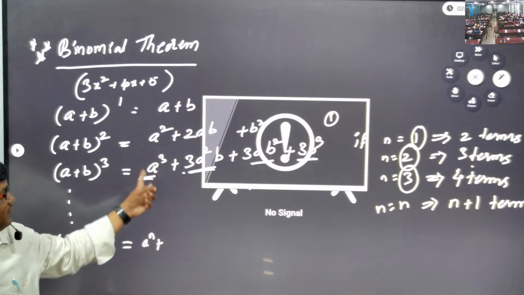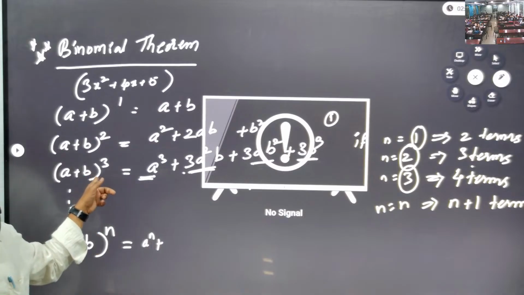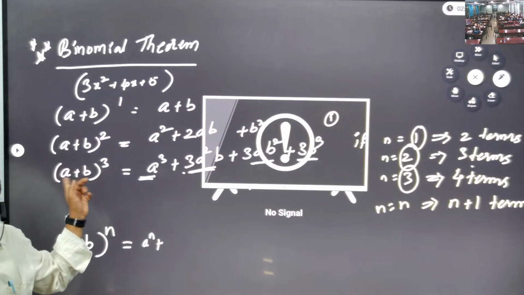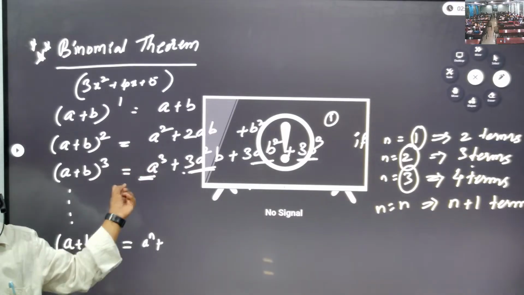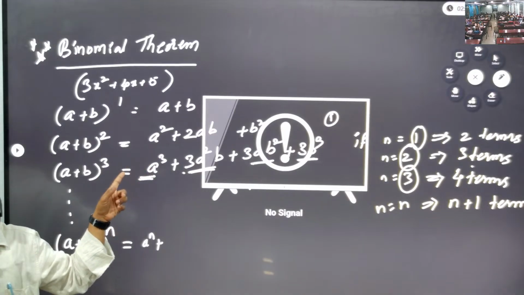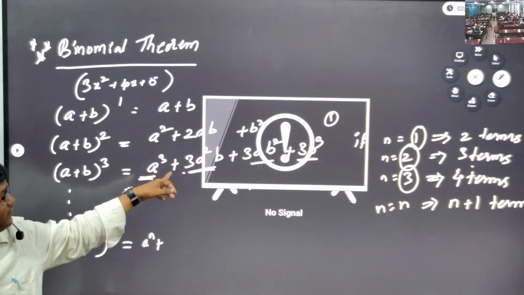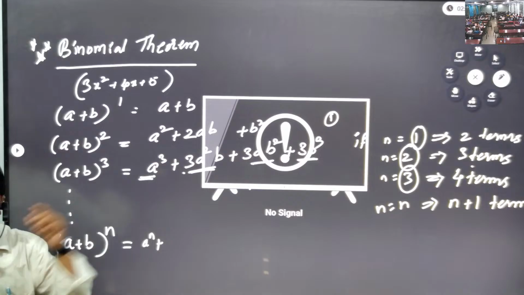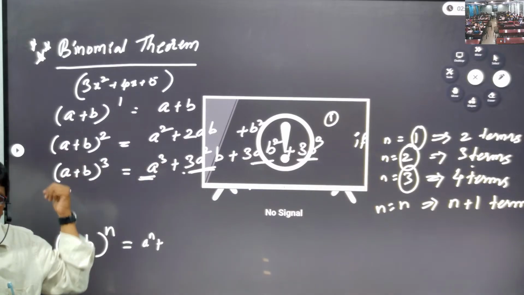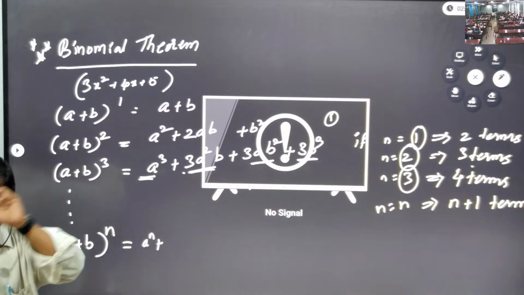So a^3 b^0. What is the n value? The n value is 3. And for a^3 b^0, the sum of the powers is 3.